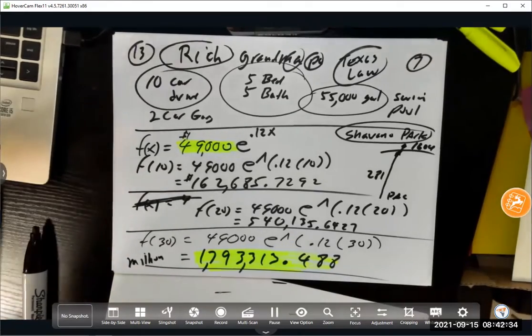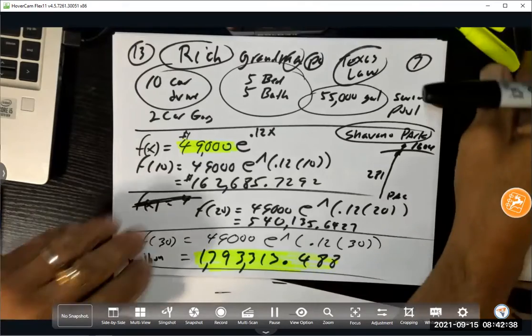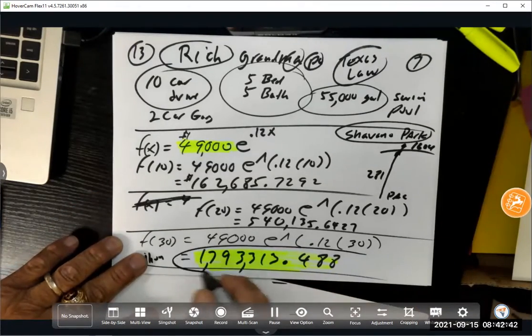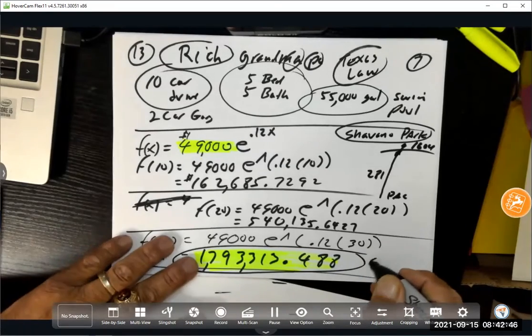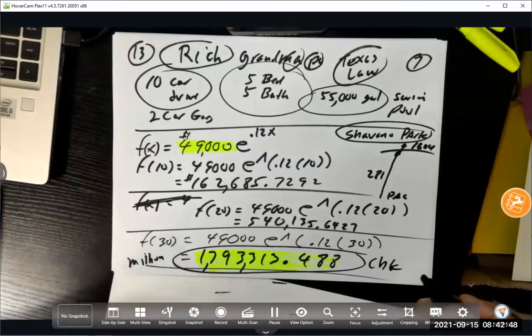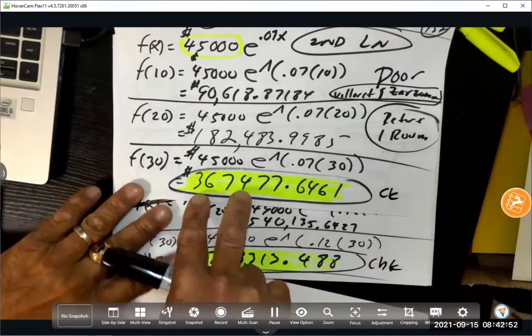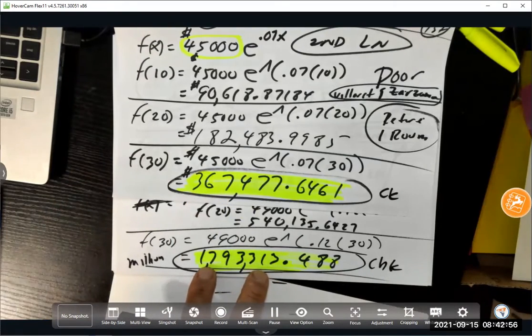So now let's see what happens here. The other grandma and grandpa have 367,000 in their checking account. This other grandma has 1,790,000 in her checking account.